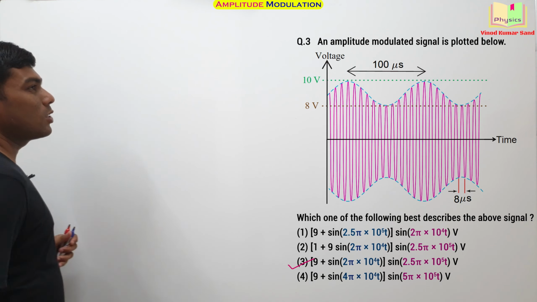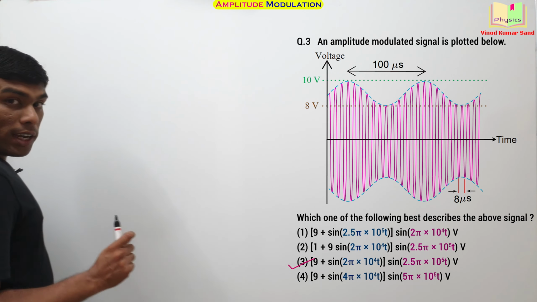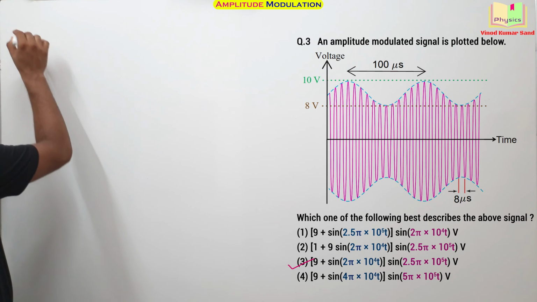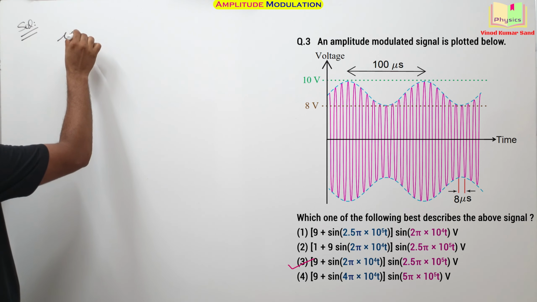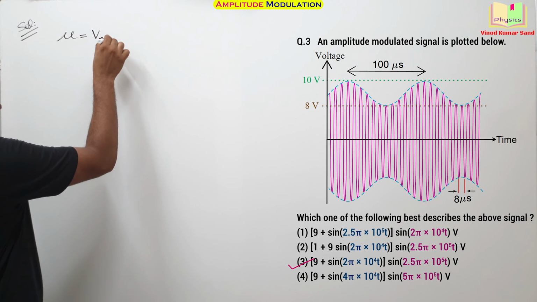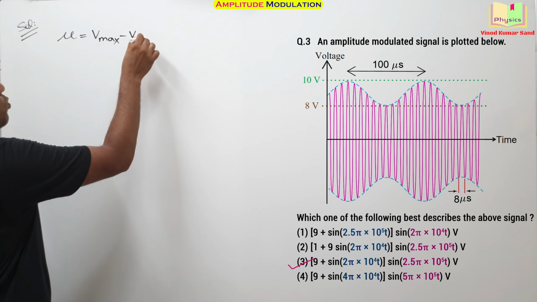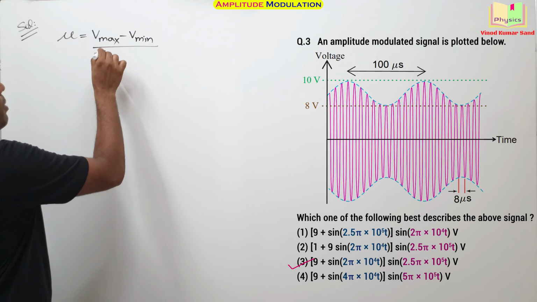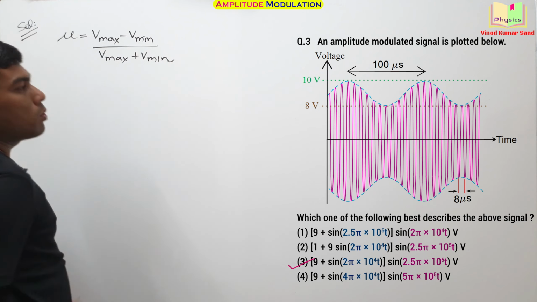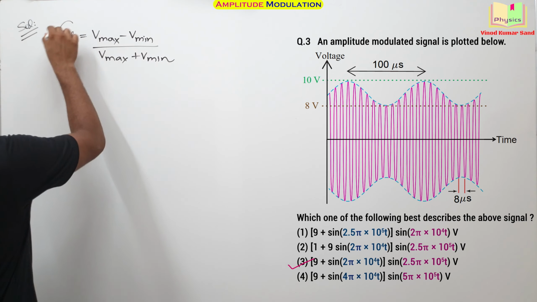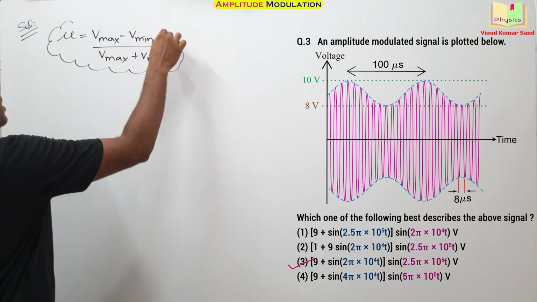Why? Let's pay attention. If we look at the given picture, first of all, we can obtain the modulation index mu. Mu is equal to Vmax minus Vmin divided by Vmax plus Vmin. Do you remember how much is the value of Vmax given? Speak up.